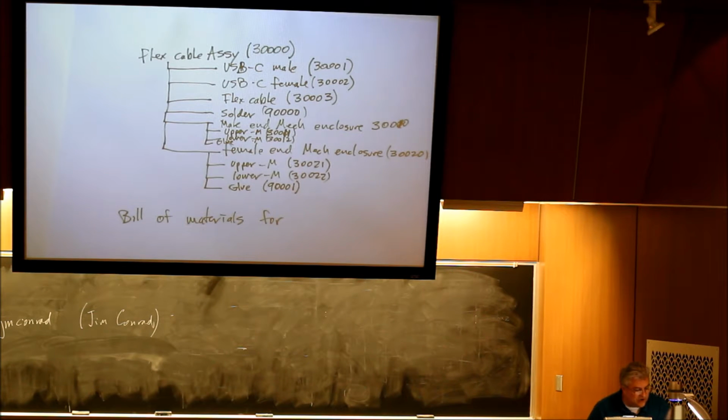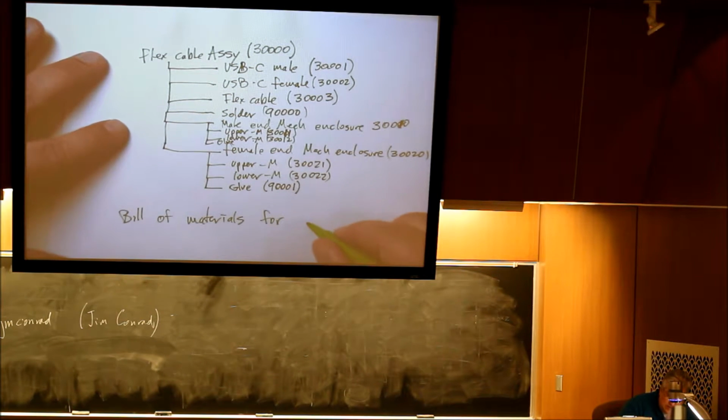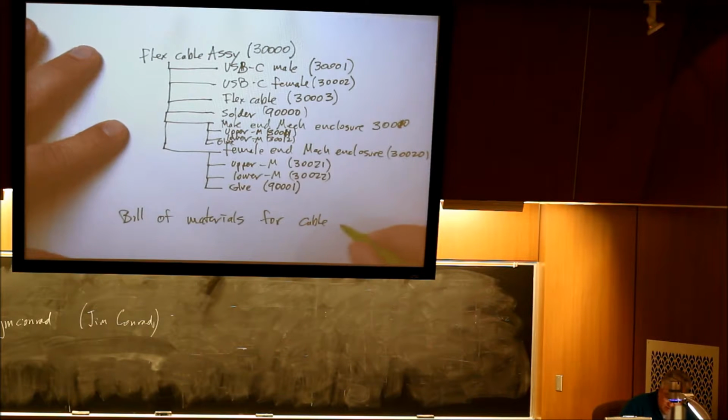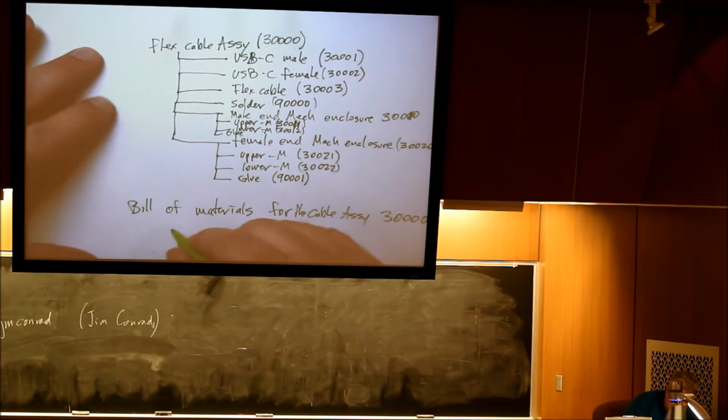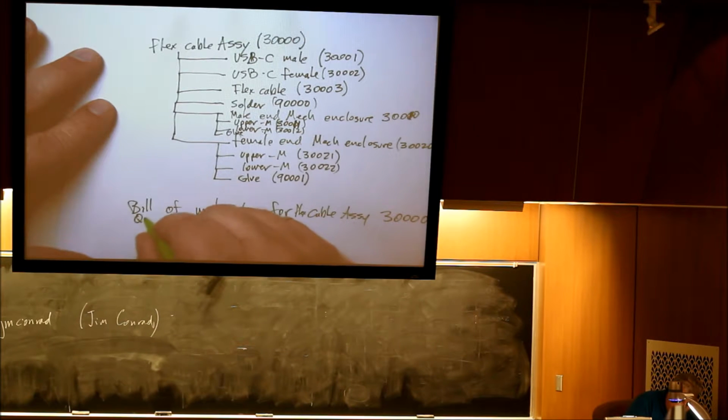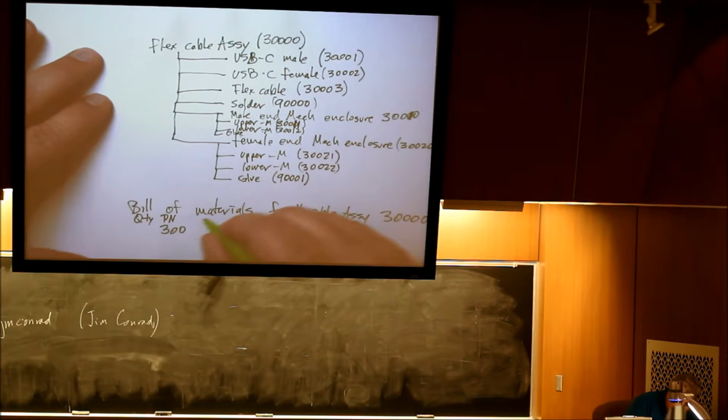So my bill of materials for cable assembly 3000 will be the following. Then we're going to have what quantity do you need, part number, and a description.